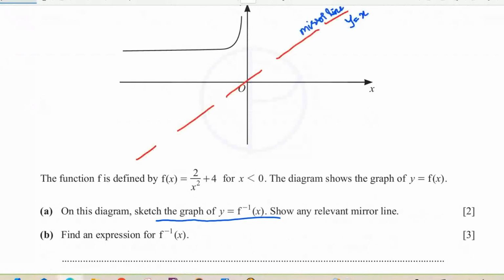Now we have to draw the reflection of this curve. Remember, to draw the reflection, if you take the values x comma y here, it will be y comma x. Suppose this point is 1 comma 7. Then on the fourth quadrant it will be 7 comma 1. 7 will be the x value and 1 will be the y value.